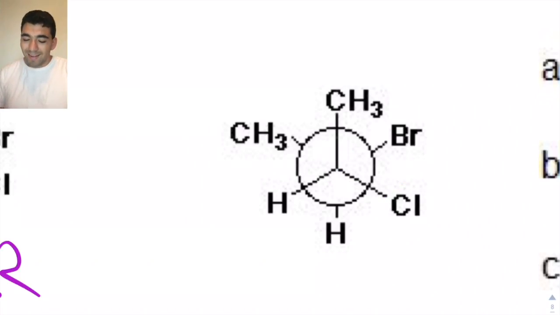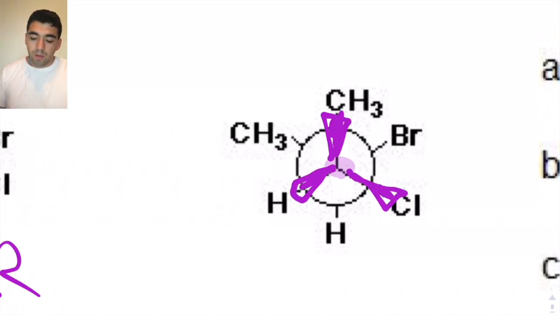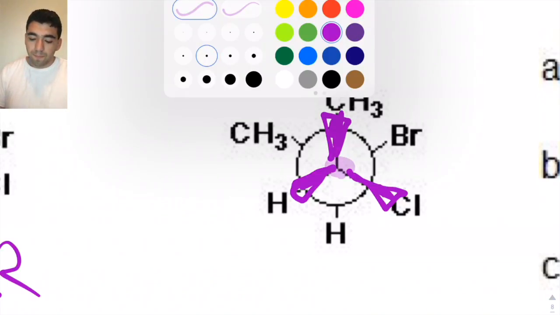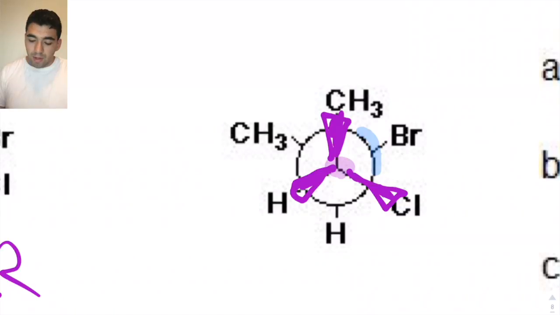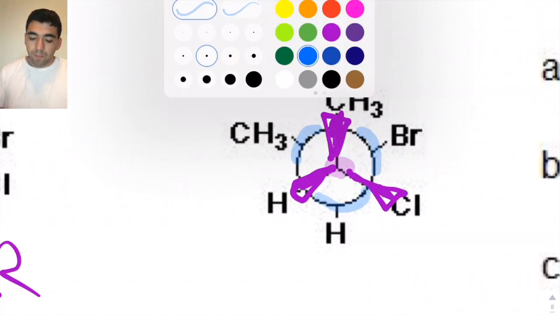Let's see. On this, we do this by assuming that we need the 4th priority group in the back or the front, basically on a different plane. All the ones on the front of the group are going to be wedges, because if we look at an actual projection on our model kit, these are going forward, and then this circle in the back is going away because that is the carbon in the back.